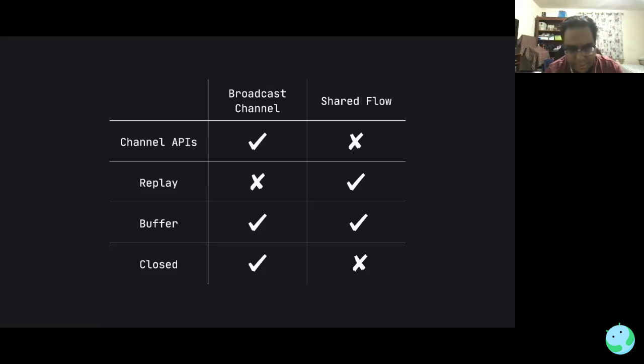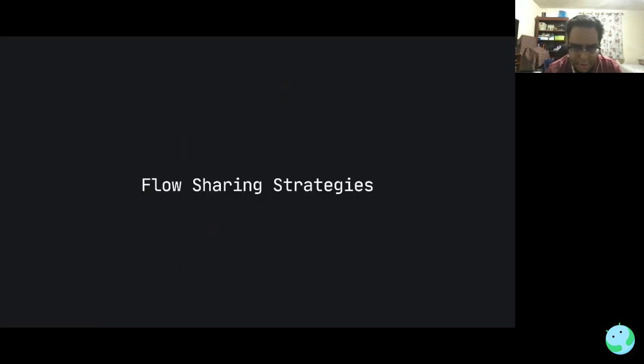So the next thing that I want to talk about is converting regular flows into, basically, a shared flow. What are the different ways to do that? There are different strategies that allow you to control the emissions, whether it's eager, whether it's lazy, etc. Let's look at each of these different strategies.